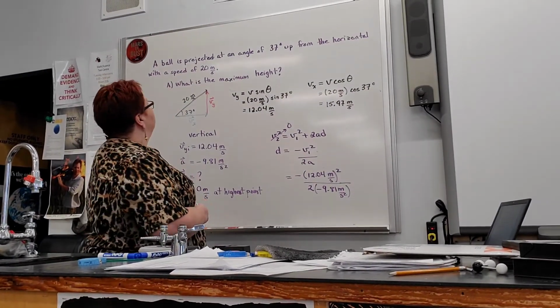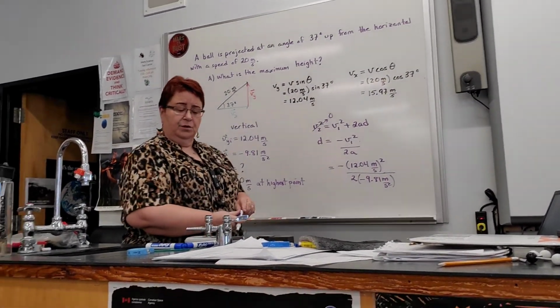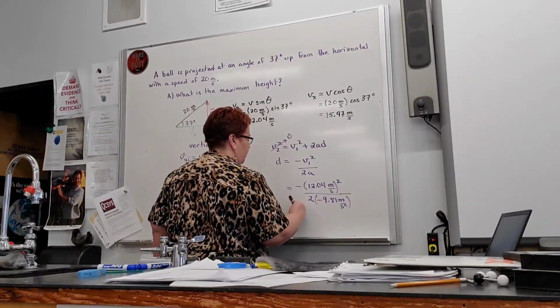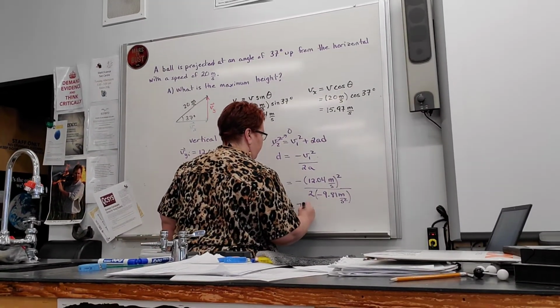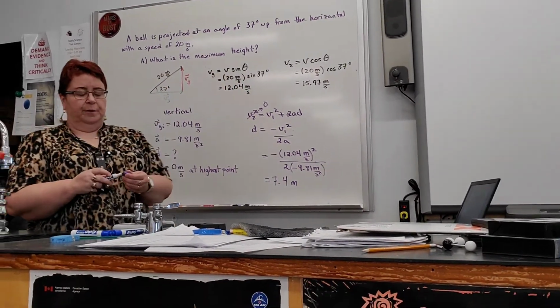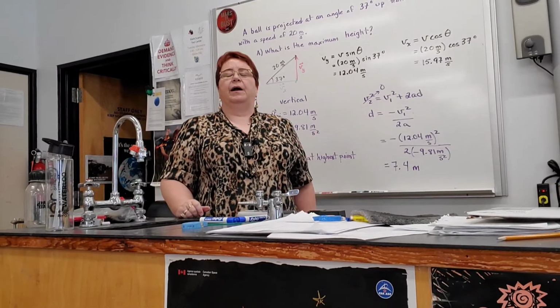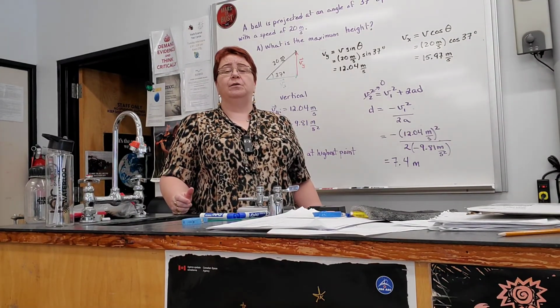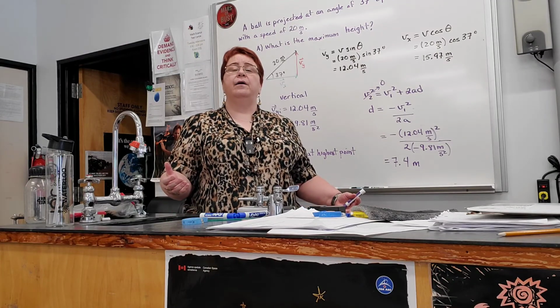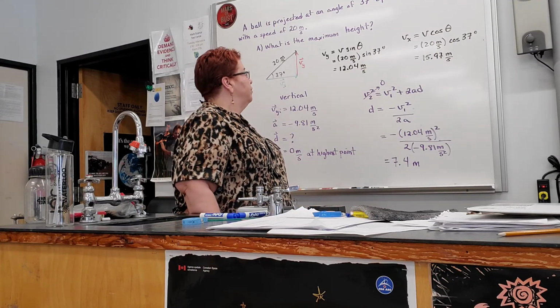So to a total of 2 digits from my original information, I'm going to record 7.9 meters. Now, this was completely by vertical information, because it was a question only about the vertical direction, how high, and so we don't need to go on and do anything further.